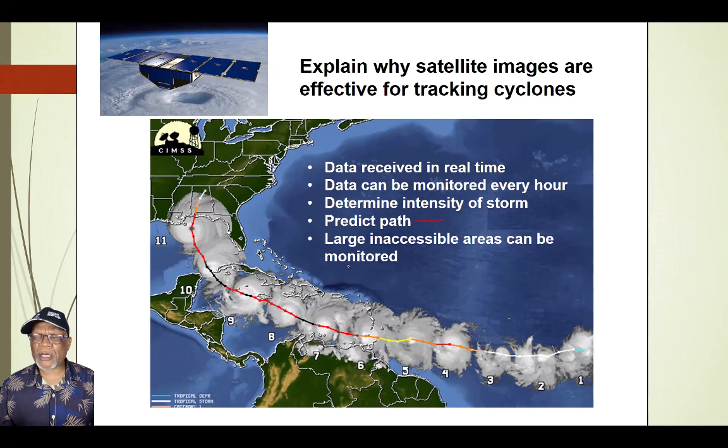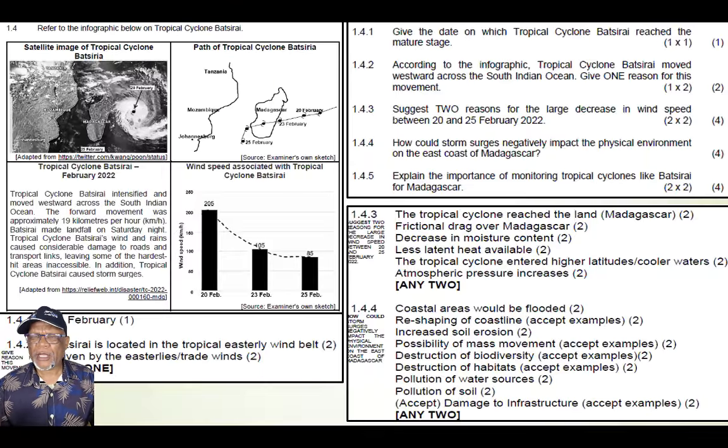But satellites are higher in the atmosphere, so they can be used to monitor those areas because they are not on the surface; they are in space. So it's easy to monitor whatever is happening on Earth when you are looking at it from space. Now, here are some of the examination questions that you can expect to get.